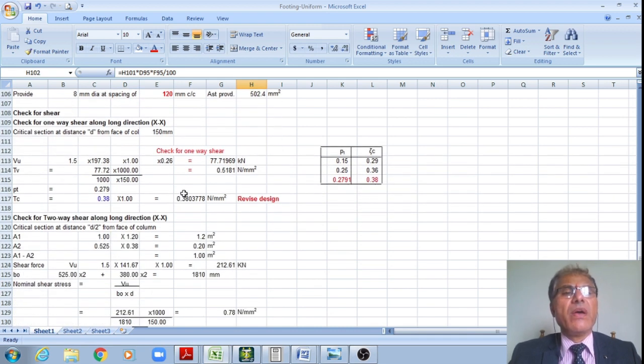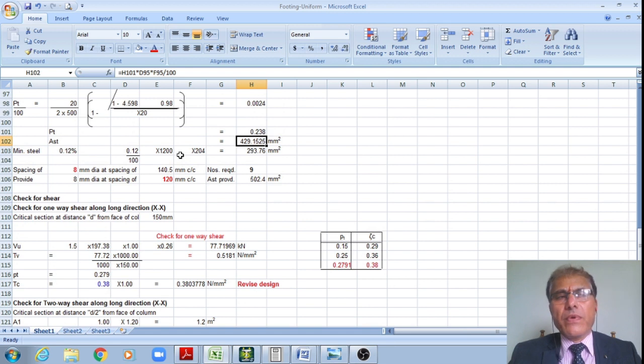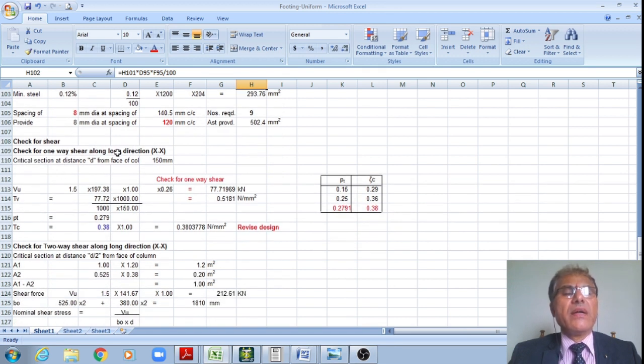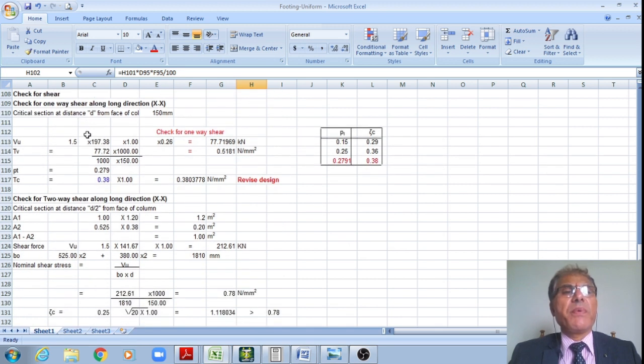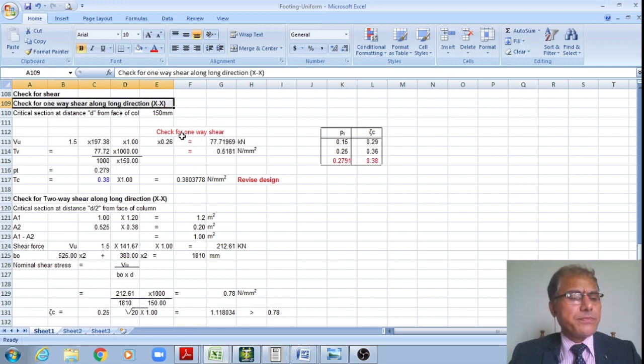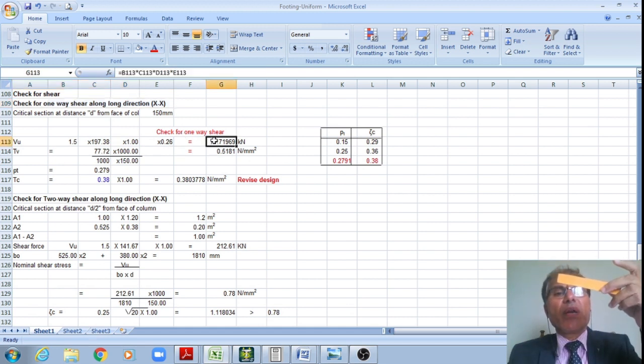Therefore it is okay. Once it is okay, let us also check whether the provided overall depth of 204 and the provided steel of 8 mm at 120 in both directions is okay from the one-way shear point of view. Along the x axis, I have calculated Vu as 77.7 kilonewton.